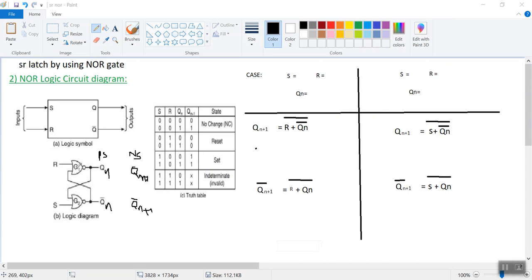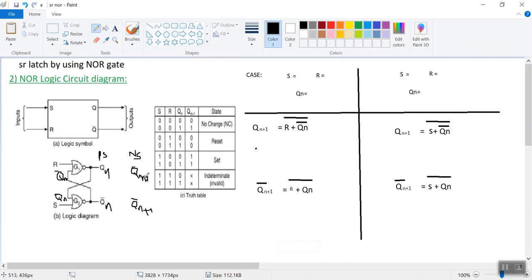So let us consider my two NOR gates. One input is S, and the other input is fed back from the present or past state. So R and Qn bar are the inputs for the G1 NOR gate, and for the G2 NOR gate the inputs are Qn and S.